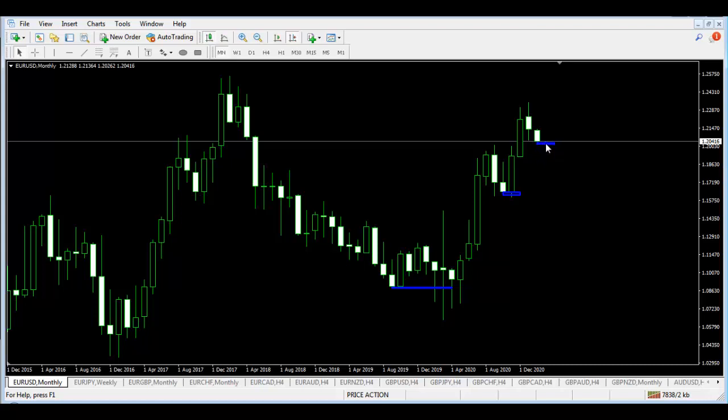Okay, also I see that the price has made a new high. The previous high was that lowest high, and the most recent high was that one.